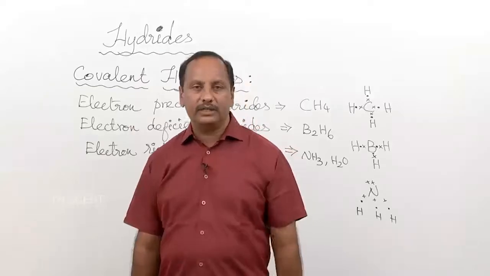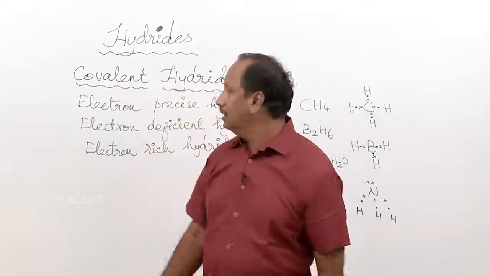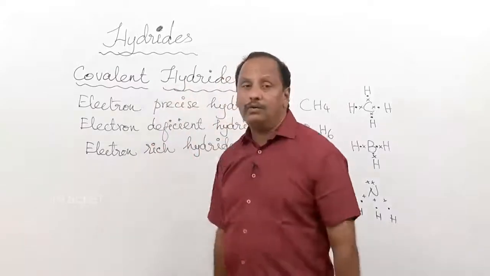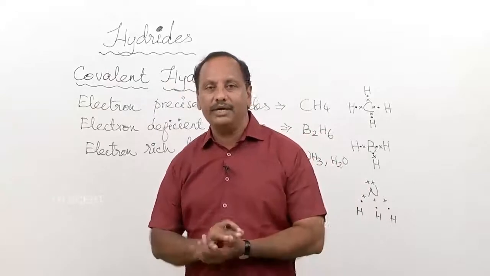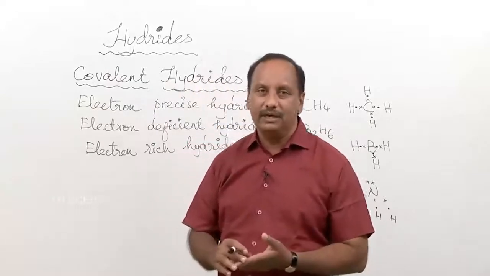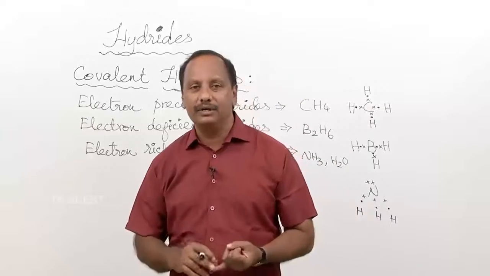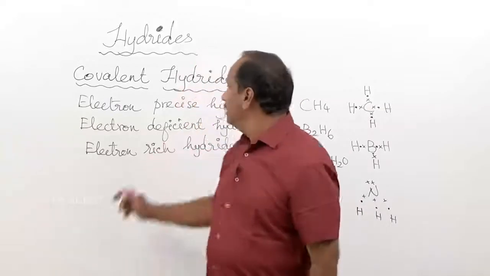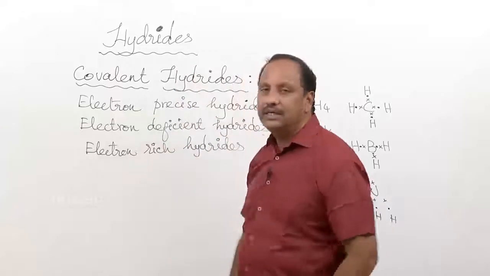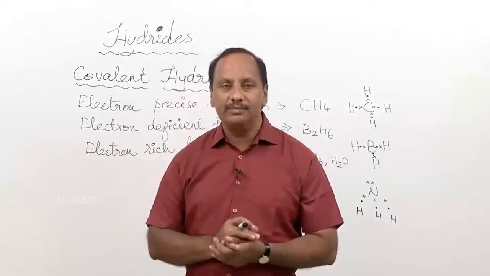Now, let us discuss the second type of hydride, covalent hydrides. What are covalent hydrides? How are they formed? Covalent hydrides are formed between hydrogen and highly electronegative elements such as carbon, nitrogen, phosphorus, etc. In the covalent hydrides, there is a covalent bond between hydrogen and the other element.